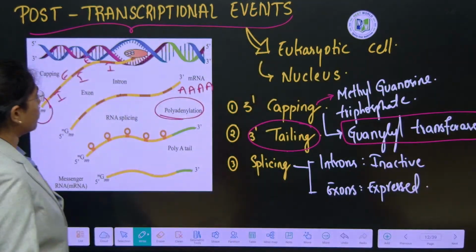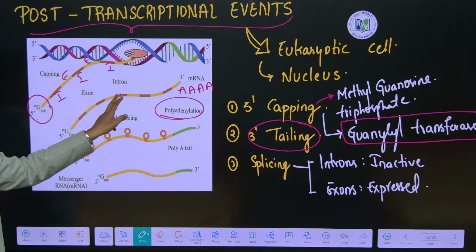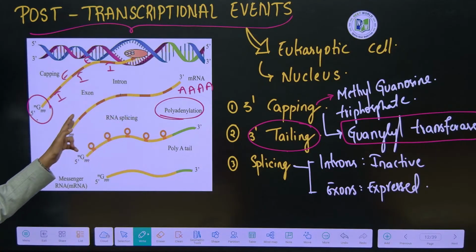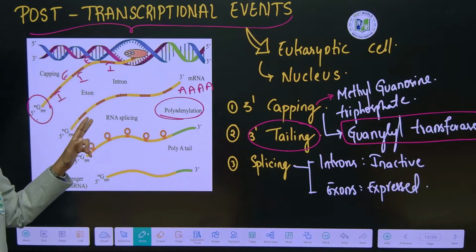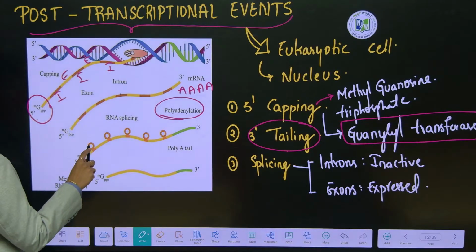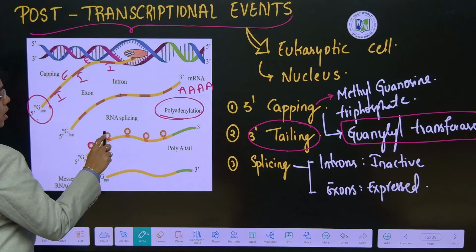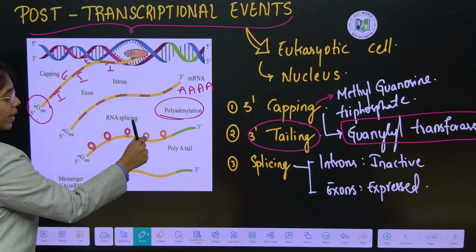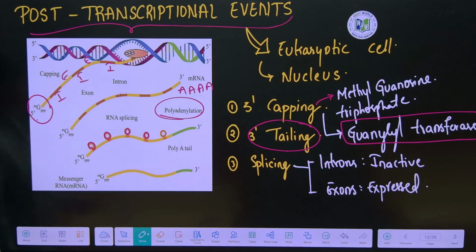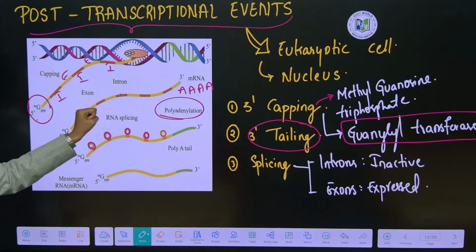Here we go, see, these intron sequences, they will be spliced by the spliceosomes. How are spliceosomes formed? Spliceosomes are formed like this. The intron sequences will be coiled up like this. These coiled up regions are called spliceosomes. These spliceosomes are spliced from the main strand by SNRPs.